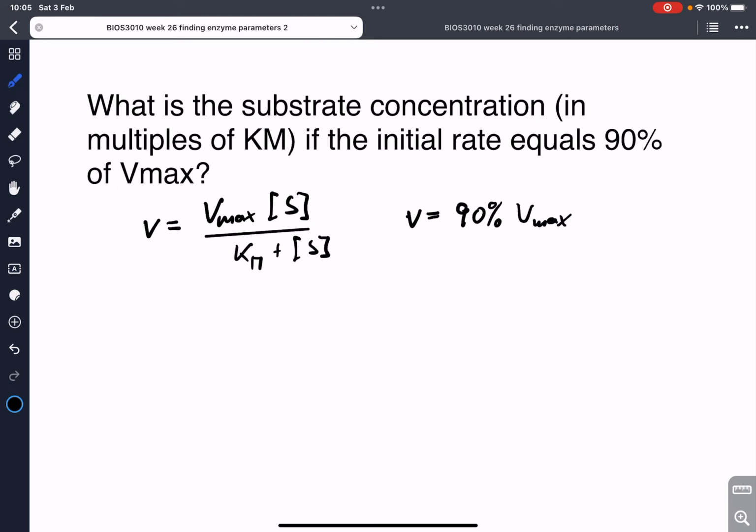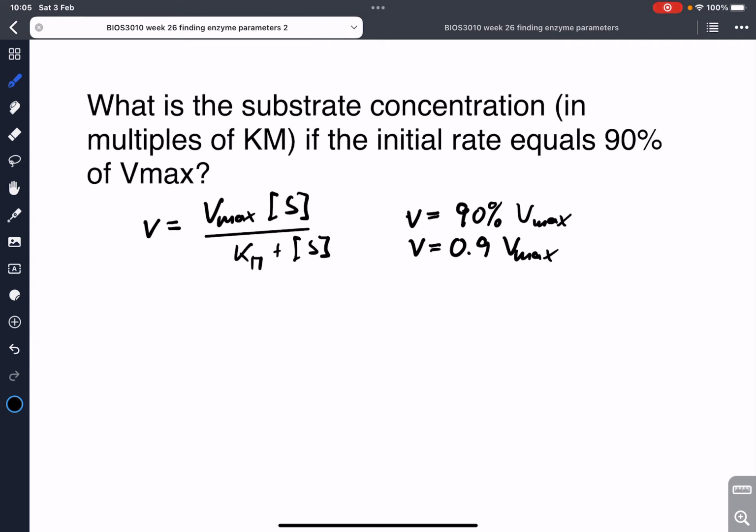Although we don't have the value for Vmax, we can simply say V equals 0.9 times Vmax, because that is what our 90% is. Now we can put that into the Michaelis-Menten equation and solve for the substrate concentration.